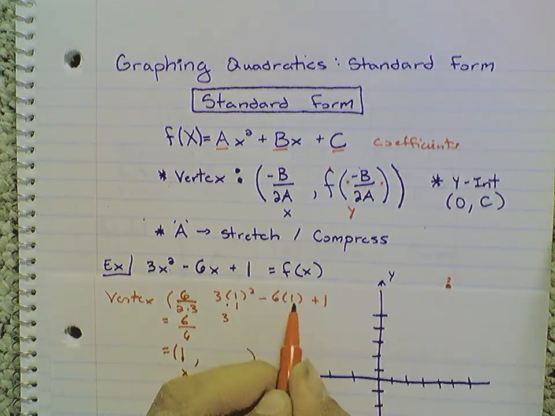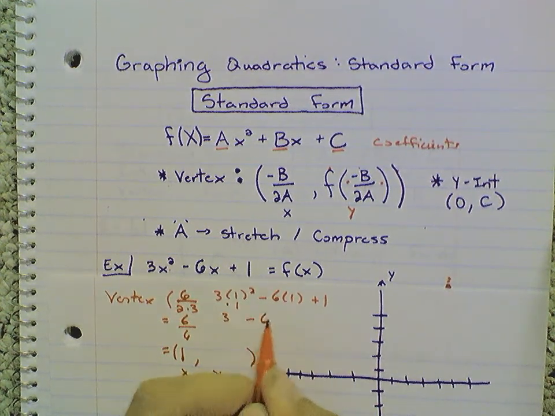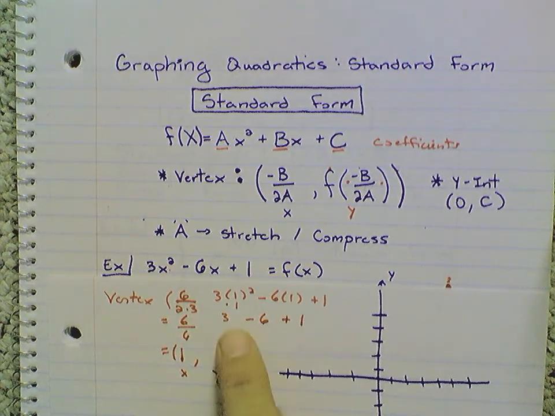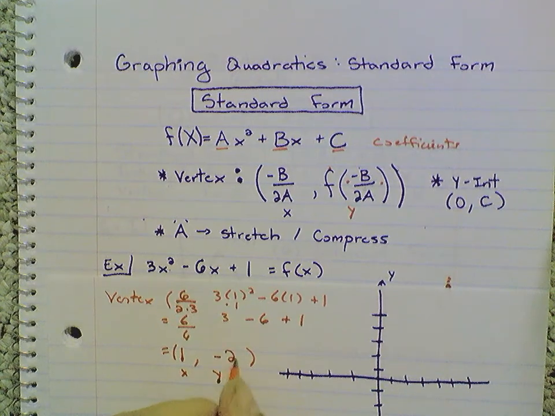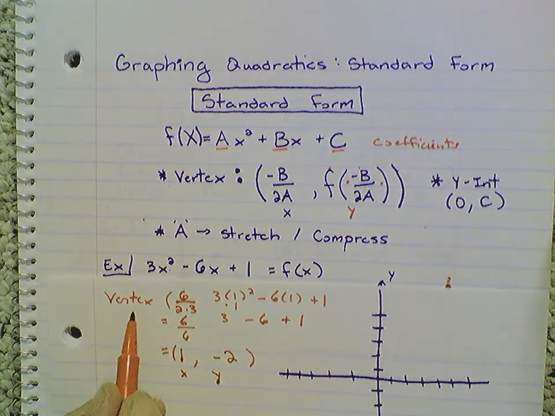Negative 6 times 1 is just a negative 6. And then I have the plus 1 on the end. If I take 3 minus 6, I get negative 3. And then negative 3 plus 1 is a negative 2. So notice my vertex will occur at 1, negative 2.